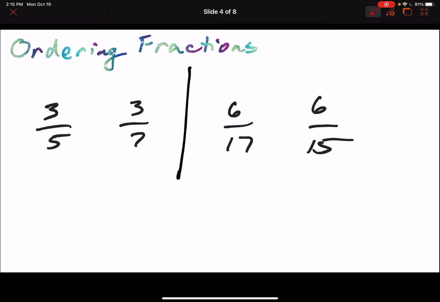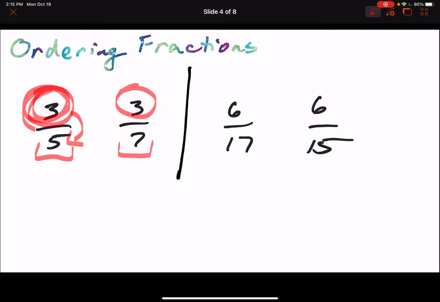Okay, ordering fractions. So again, we're looking at the numerators here, right? So 3 is pretty darn close to 5, and that's how many pieces that has been cut into. And we're going to get 3 of those pieces, right? If I have 7 and 3, obviously I'm going to choose 3/5 because it is bigger than 3/7, right?